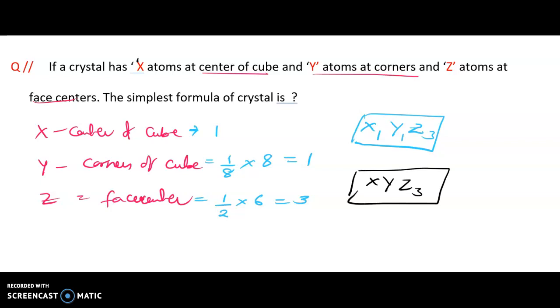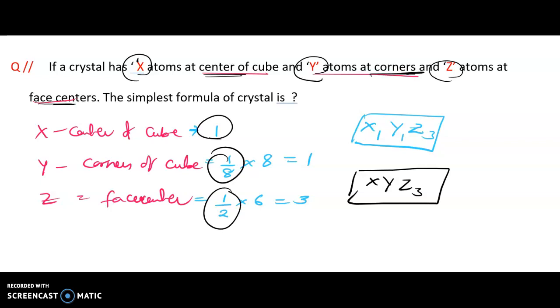Just remember whatever atoms are present and their positions, take the contribution and multiply with the number of positions, the number of lattice points. You will get the simplest formula of that particular unit cell.